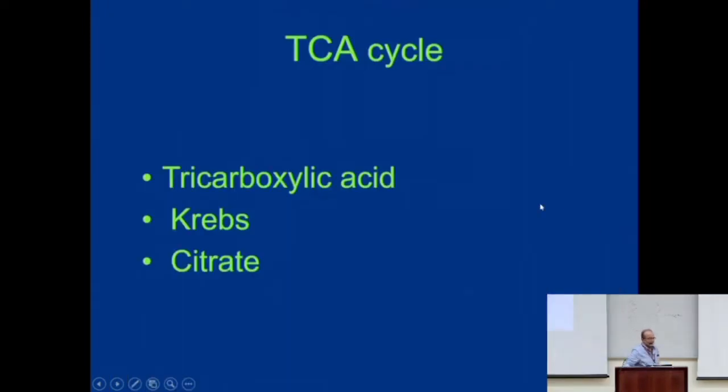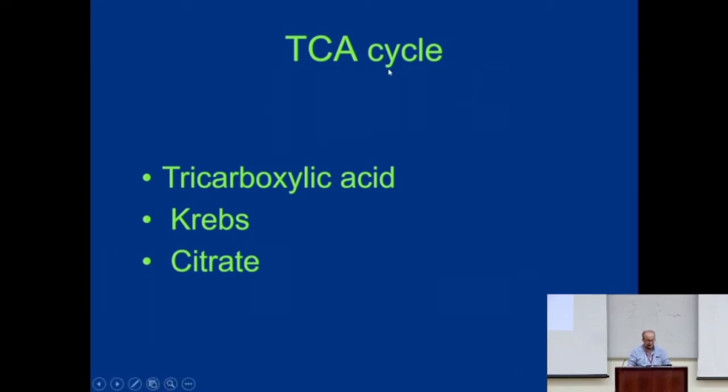So the TCA cycle has several names: tricarboxylic acid cycle, the citric acid cycle, citrate cycle, or the Krebs cycle. They're all synonymous, referring to the same thing. Importantly, pay attention to the word cycle. A cycle is where you use up something in the beginning and you regenerate it at the end, versus a linear pathway where that doesn't happen.